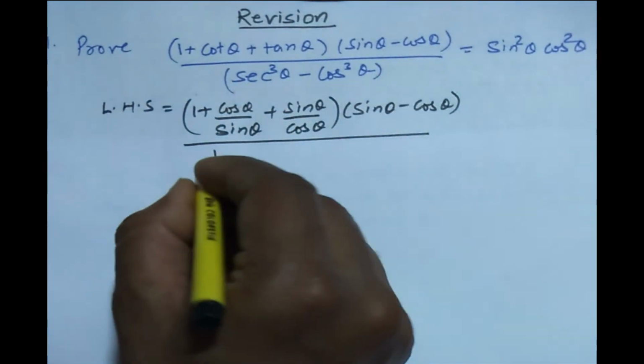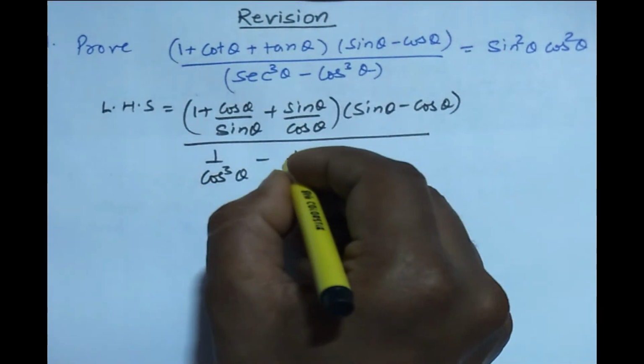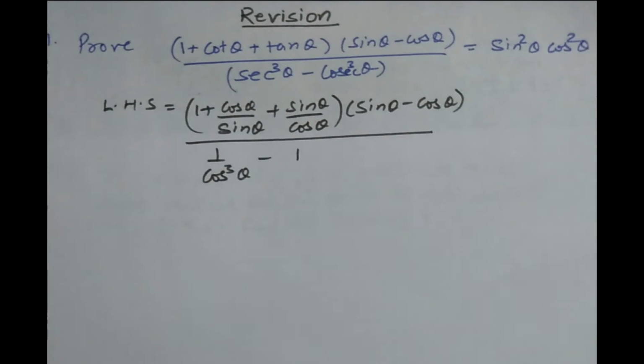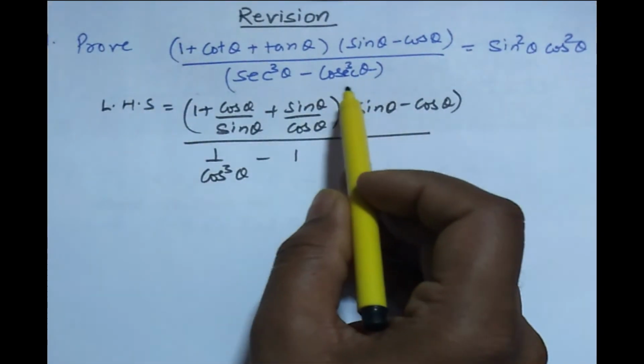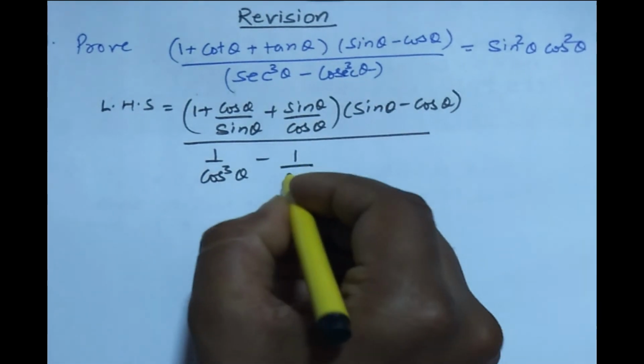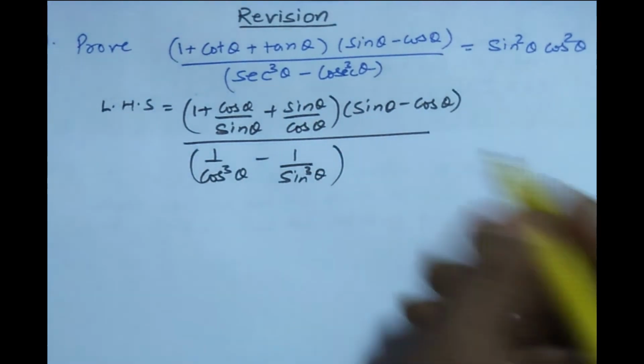And sec is 1 upon cos cube theta, and this is cosec cube theta. So there is a change, we convert that also into sine, so this can be written as 1 upon sine cube theta.